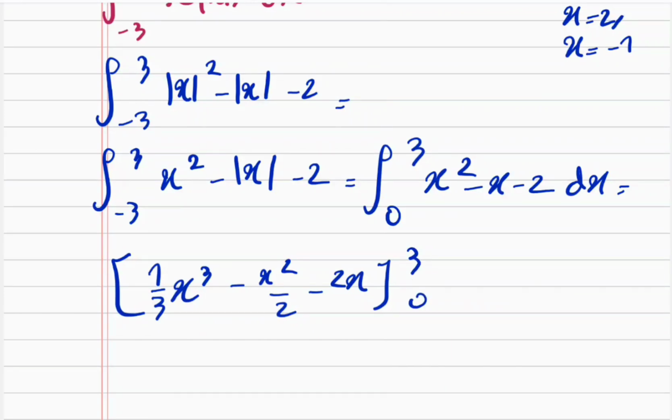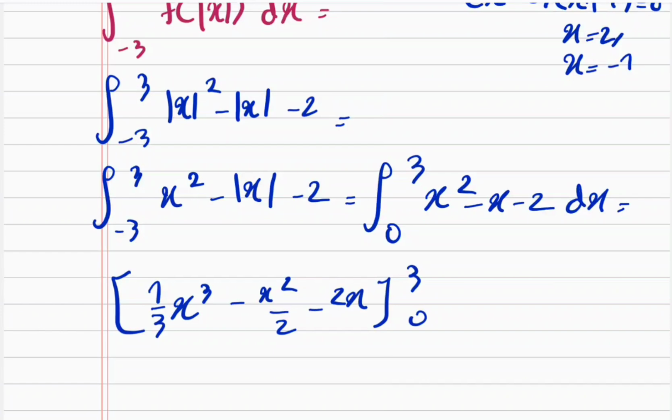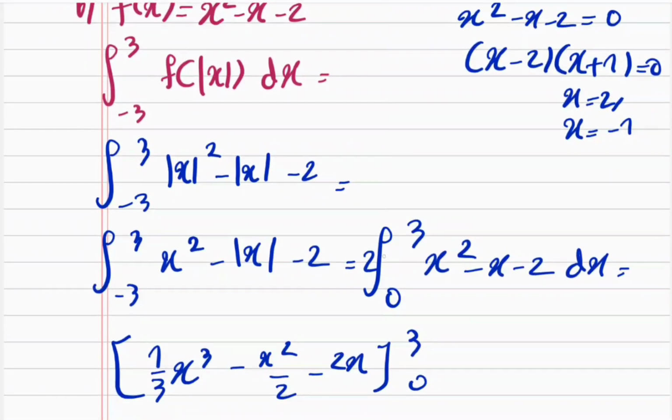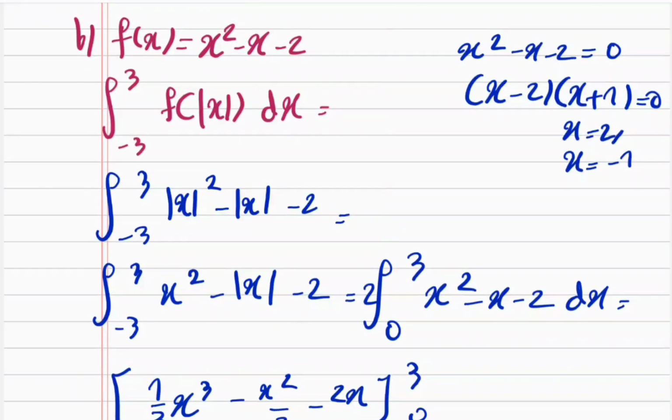Actually, I just forgot to mention that we always double that value. So when we have an even function, and since even functions are symmetric, we can just rewrite this as 2 times the integral from 0 to 3. The reason is, if I show you a quick sketch, I think that's going to be helpful.